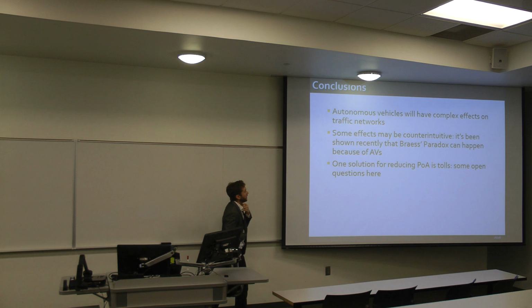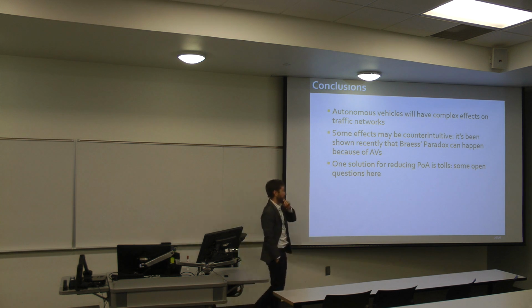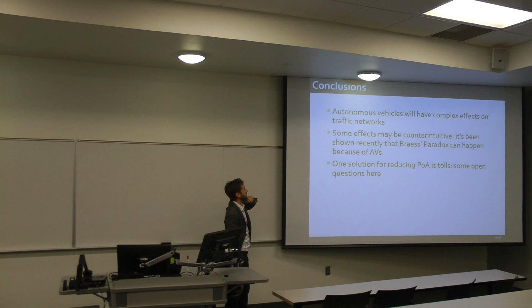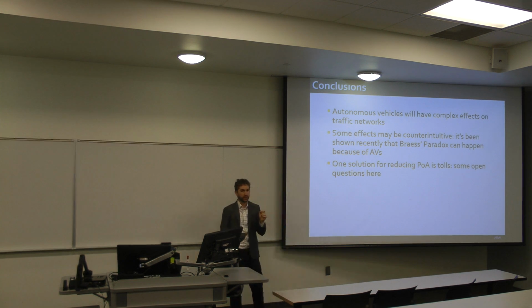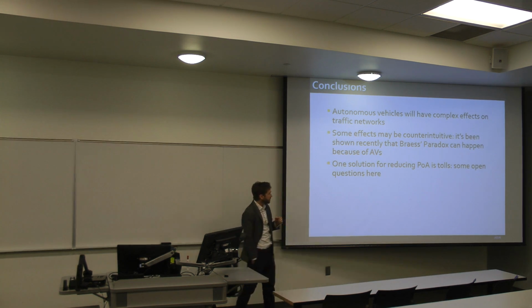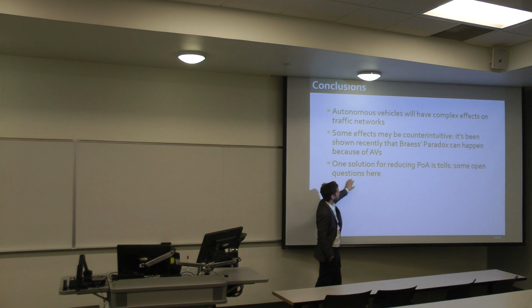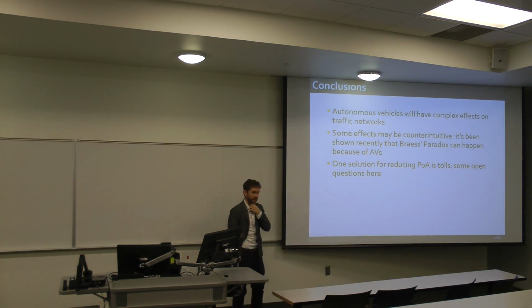For example, work by some friends of ours, we're not on this work, but they've proven that you can actually reproduce a Braess paradox-like effect by just introducing autonomous vehicles in the network. And so one solution to this problem that's starting to be explored also is perhaps you should toll vehicles as they use this network.